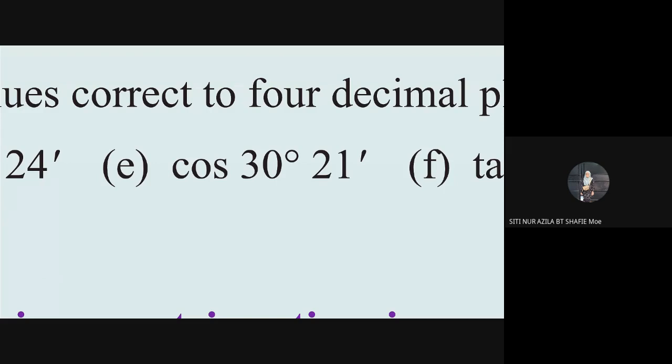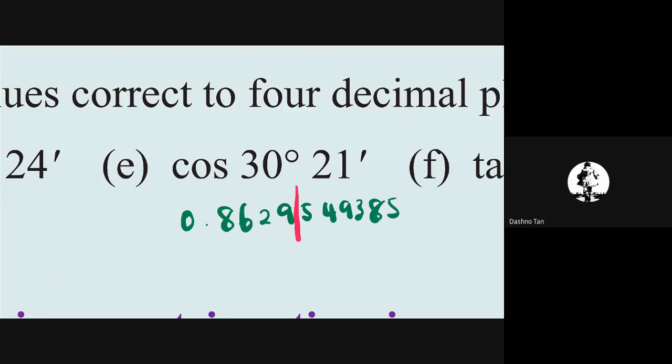Because the decimal is 0.8629549385. Okay, common mistake. Round up the 9, and then 2 became 3. Yes, 3. Correct. So please round it off correctly.